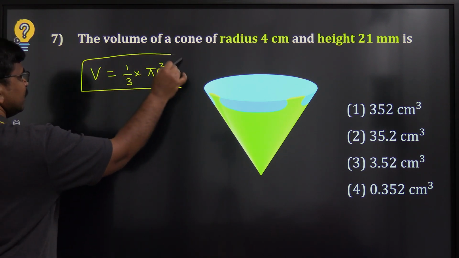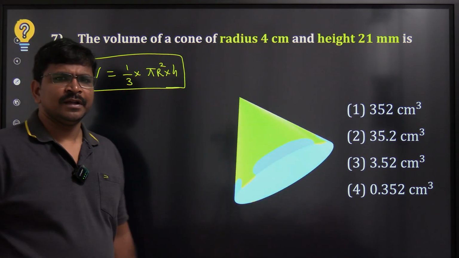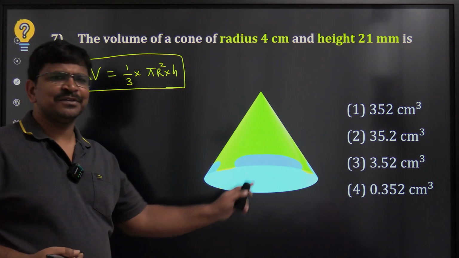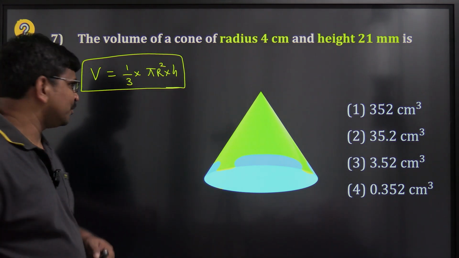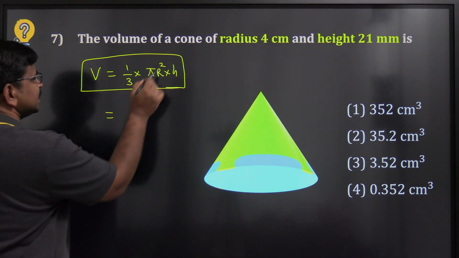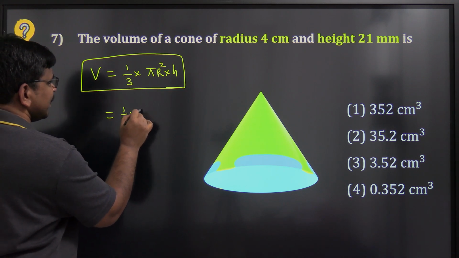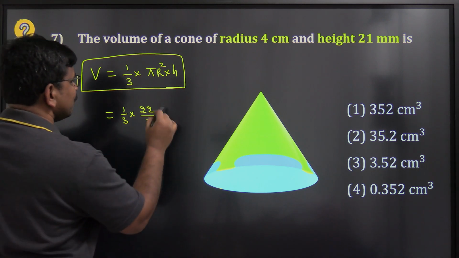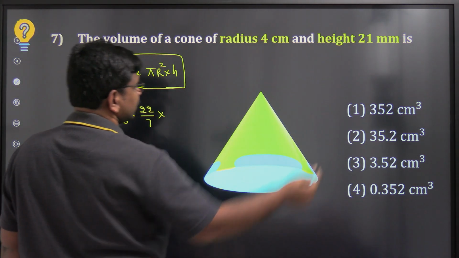This is the volume of the cone. Yes, and here the base is circular and the height is taken like this. So circular, that's why the area is pi r square. So 1 by 3 times pi, 22 by 7, times r square, 4 centimeter whole square. So the entire answer is in terms of centimeter only.